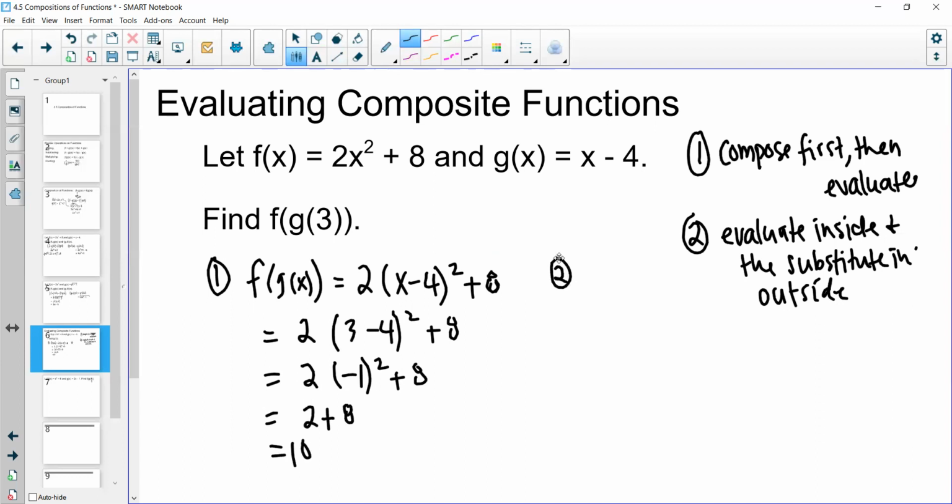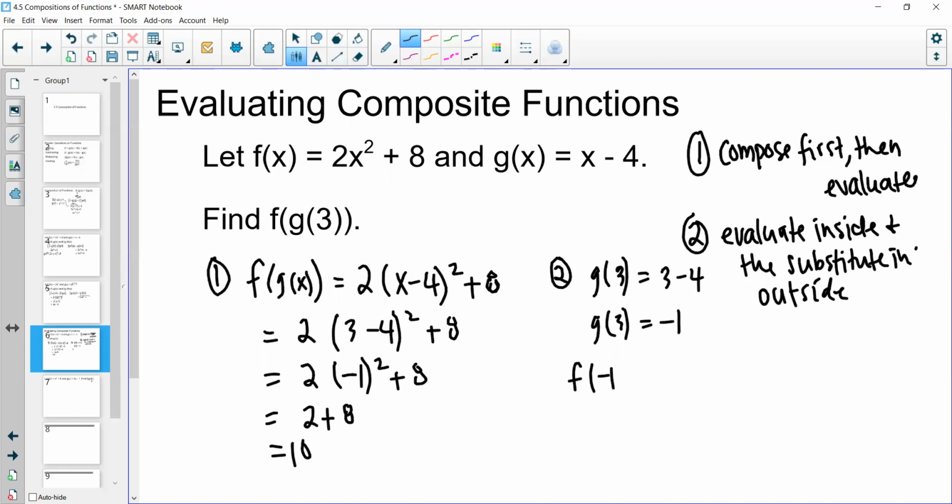It works out fantastic. Our second option is to evaluate the inside and then substitute it into the outside. So what this means is I'm going to start by just doing g of 3. And so I'm going to put a 3 into our original equation, 3 minus 4. So g of 3 equals negative 1. Now what this means is whatever value I got for g of 3, I'm going to put it into our function f of x.